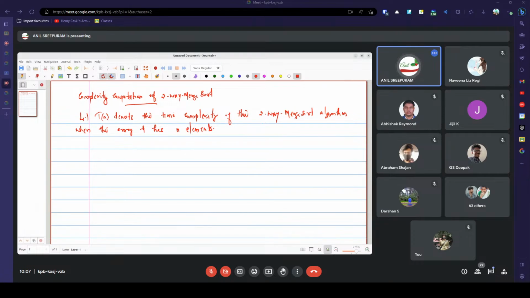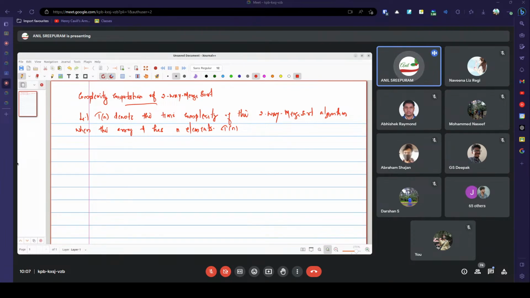That is a recursive algorithm, when your array A is having n elements. Therefore, how is Tn obtained? If you go through that algorithm, you see that the two-way merge sort algorithm is requiring two other calls to the same algorithm.